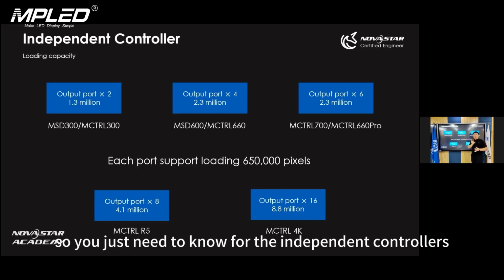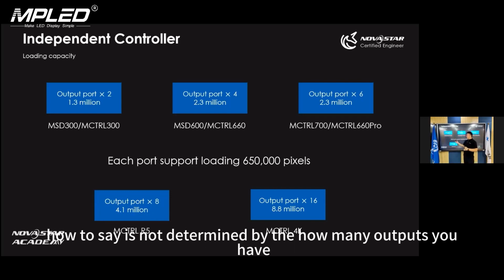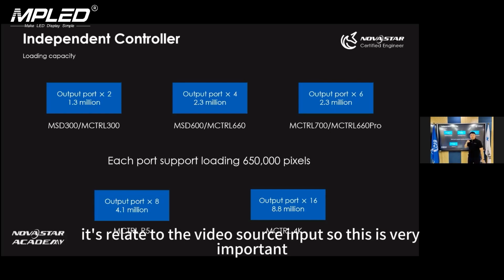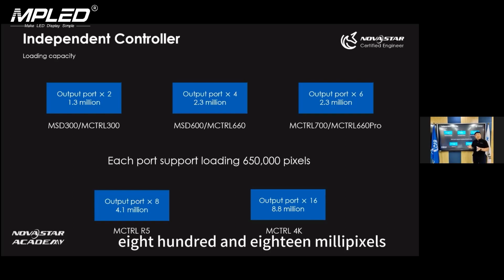So you just need to know that for the independent controllers, the loading capacity is not determined by how many outputs you have. It's related to the video source input. So this is very important. For example, the M Control 4K supports loading 880 megapixels.